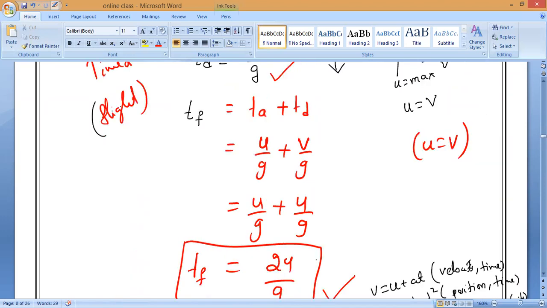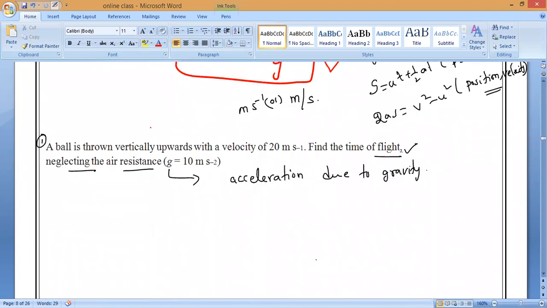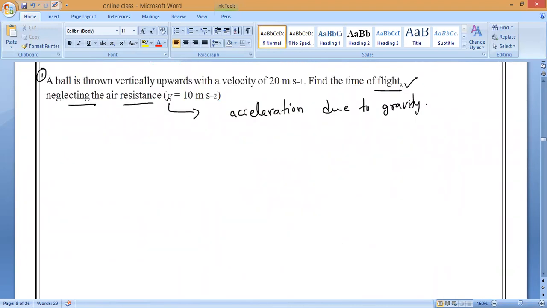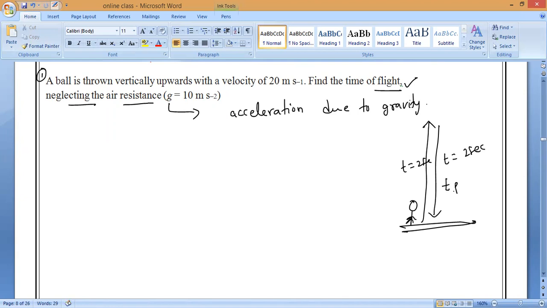So which one do we use? 2U by G. For example, if Danishkar throws the ball from the ground and the ball reaches maximum height in, say, 2 seconds, then the reverse time is also 2 seconds. So what is the total time? Time of flight is equal to 2 plus 2, which is equal to 4 seconds. That is what we will do.